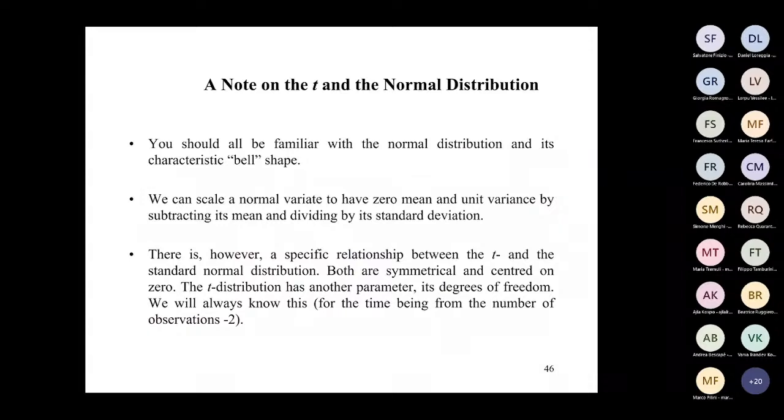You should be familiar with the normal distribution and the characteristic bell shape of the normal distribution. We usually scale the normal variate to have a 0 mean and unit variance. How do we do that? We subtract the mean and divide by the standard deviation.